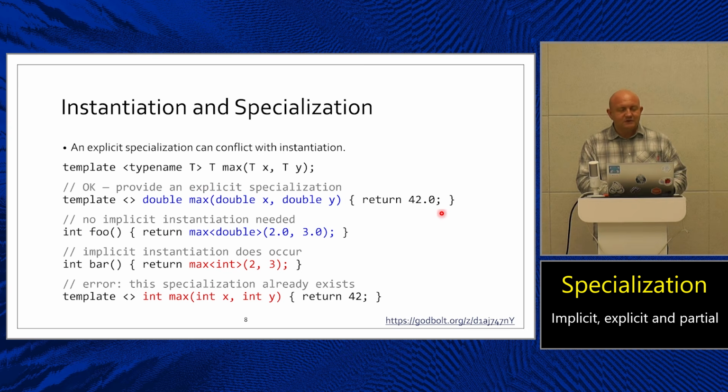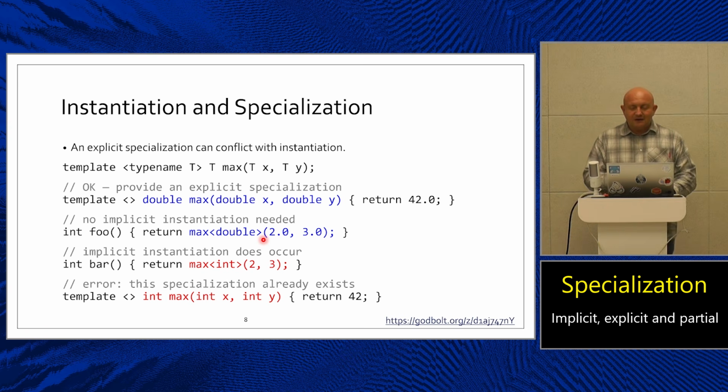It uses this function that always returns 42. Remember, we can write everything in the code. This is the difference, and it is perfectly fine. No implicit instantiation happens here anymore. And I may remove double and rely on type deduction, and no implicit instantiation will take place anyway.